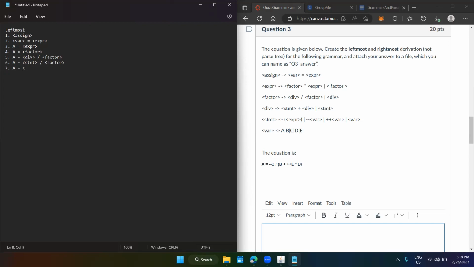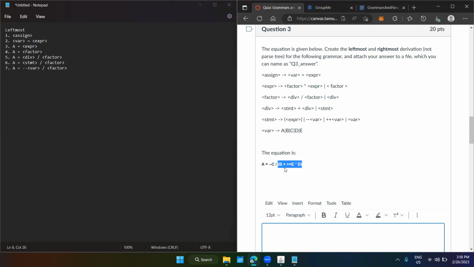A equals, and statement points to minus minus var. Since it's a leftmost derivation for your line 4, wouldn't it be factor times factor for the expression? Factor times factor. Well, because in our actual equation, it's divided. Oh, right, because this is within the parentheses, so this just goes later.